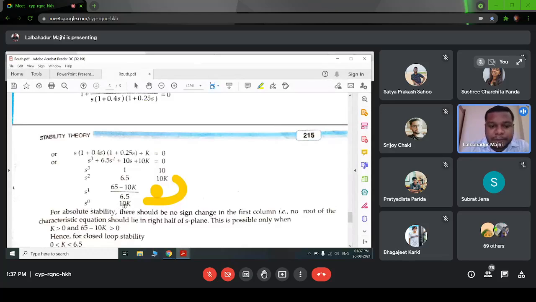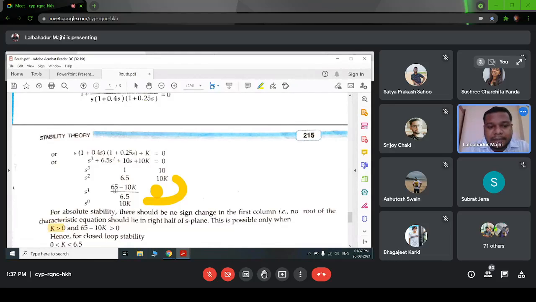For our system to be stable, there should not be any sign changes in the first column. These two, 1 and 6.5, are positive, but we have to make sure the other two terms are positive. The (65 minus 10K) by 6.5 should be greater than 0, and this 10K should be greater than 0. For this, 10K should be greater than 0, that means K should be greater than 0.